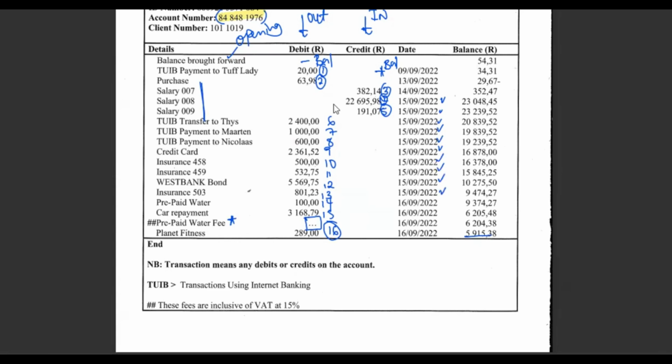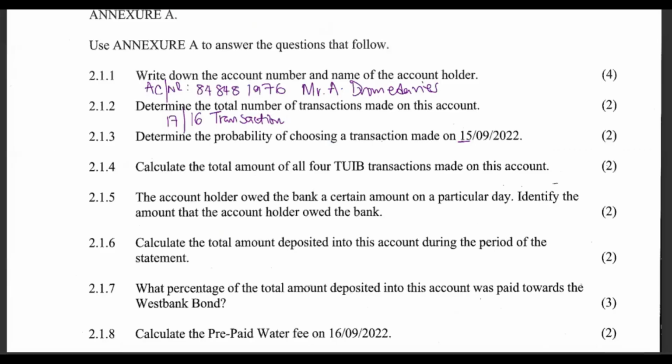These are the transactions of the 15th. So it will be 10 out of 17 if you've counted 17, or 10 out of 16. In simplified form, this will remain 10 out of 17. If we had used 16, then it will be 5 out of 8.